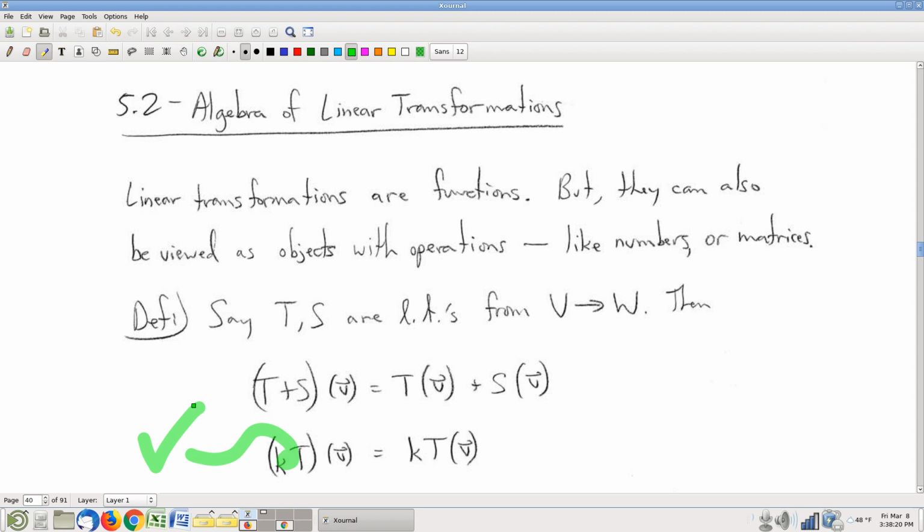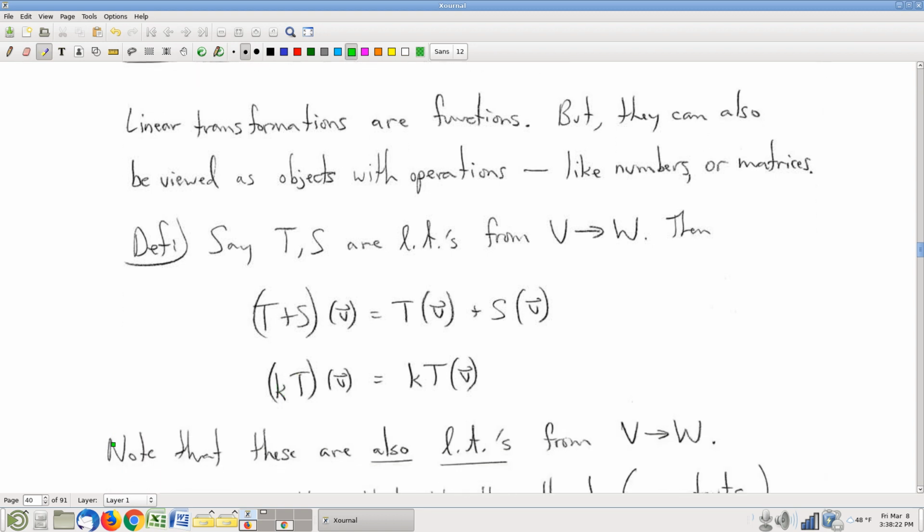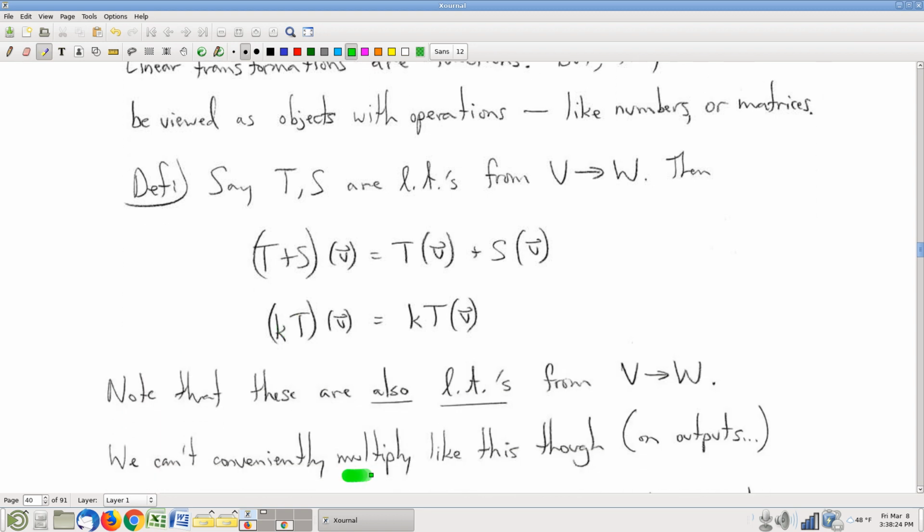Okay. All right. Now here's the bad news. If I want to define a multiplication, I can't do this same trick. I can't say t times s. Well, we'll just rip off, we'll just multiply the output values. Now let's just take the vector multiplication in W and steal it, just like we did here.